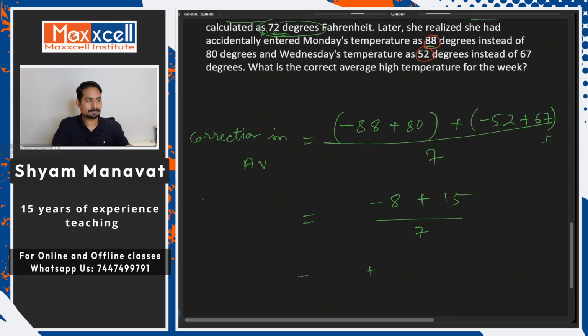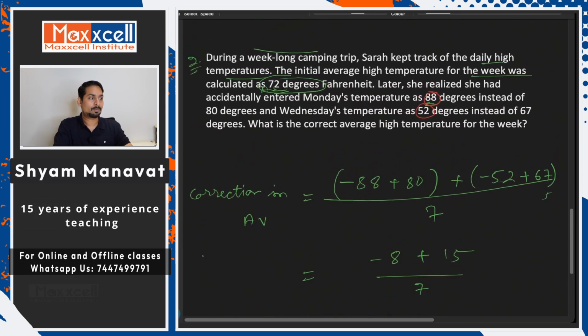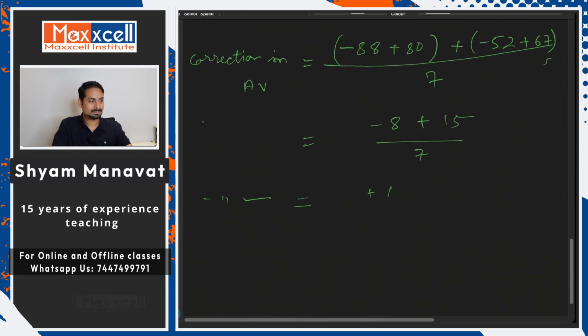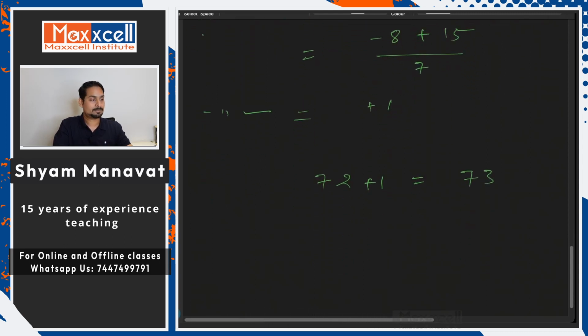Isn't it positive? Yeah, it's positive, right? So correction in average is positive. That means whatever was the average earlier, 72, now plus 1, so correct average will be 73. Correct average is actually 73. Did you get it?